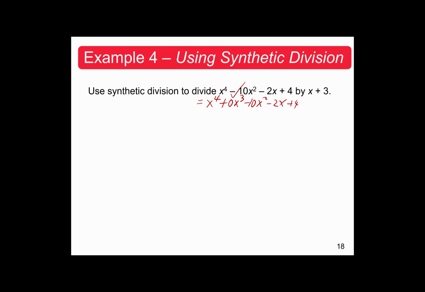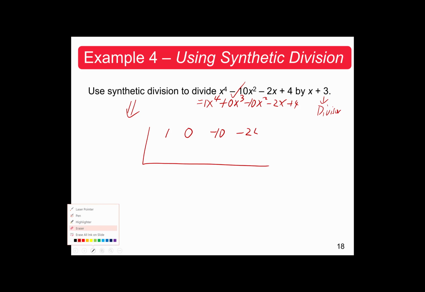So in order to apply synthetic division, we're going to copy all these coefficients. In front of x to the fourth, by default, that's 1. So 1, 0, minus 10, minus 2, then plus 4 in the back.